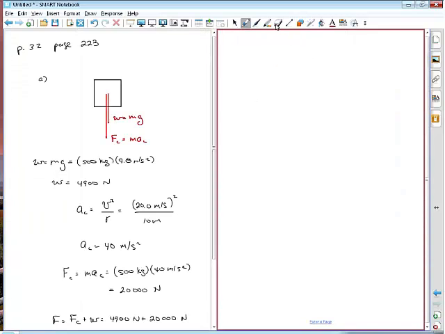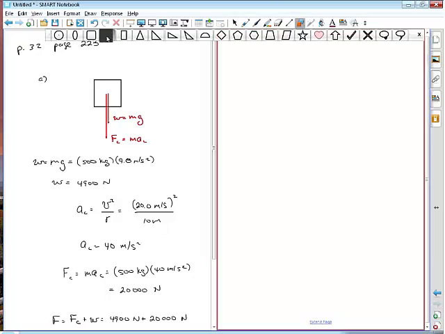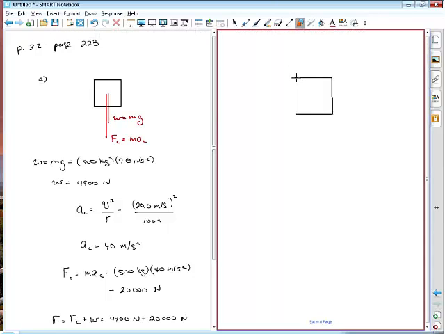So at the top of the arc, we have the same two forces, except the centripetal force will now be going in the opposite direction. So if I draw the weight, it's still pushing down, and then we have the centripetal force, which is pushing up because of the way the curvature is.